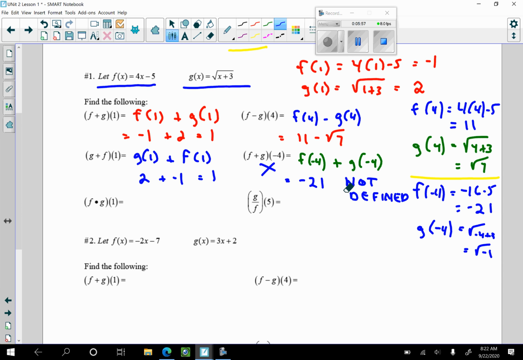Okay, so we're going to go f times g of 1, and we know f of 1 and we know g of 1. We're going to write this as f of 1 times g of 1, and f of 1 is going to be negative 1. G of 1 is 2, so this is going to be negative 2.